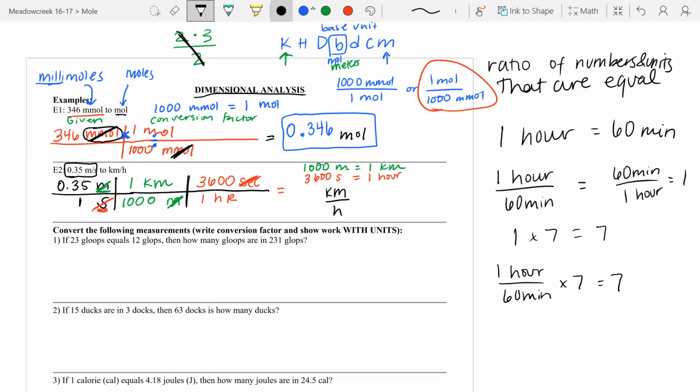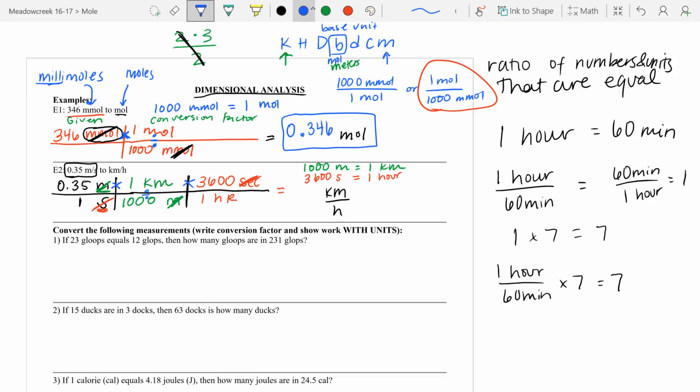And so now we need to put things in our calculator. So I'm going to take 0.35 times 1 times 3,600 divided by 1,000. We can kind of ignore the ones because ones don't affect anything in math. If you multiply by 1, it's 1.